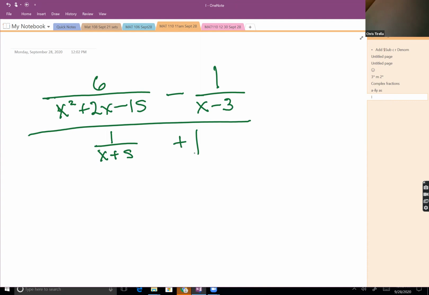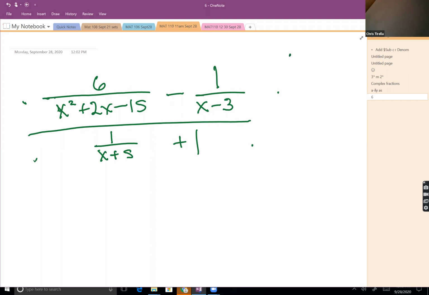And oh my heavens, I must not have an instructor's copy. The answers aren't in the margins. Let's see how we do on this one. Does everybody see this fraction contains 4 terms? 1, 2, 3, 4.